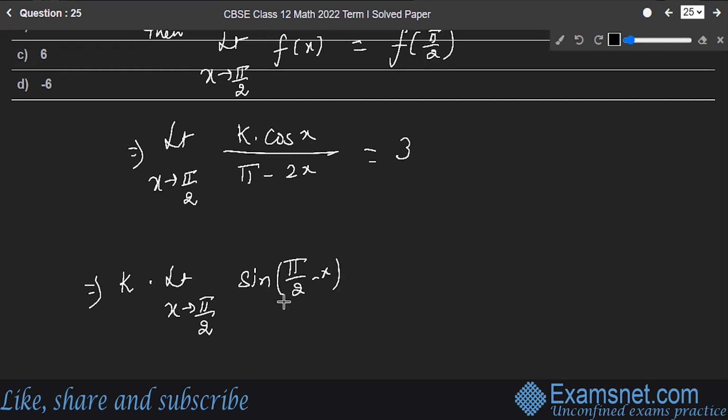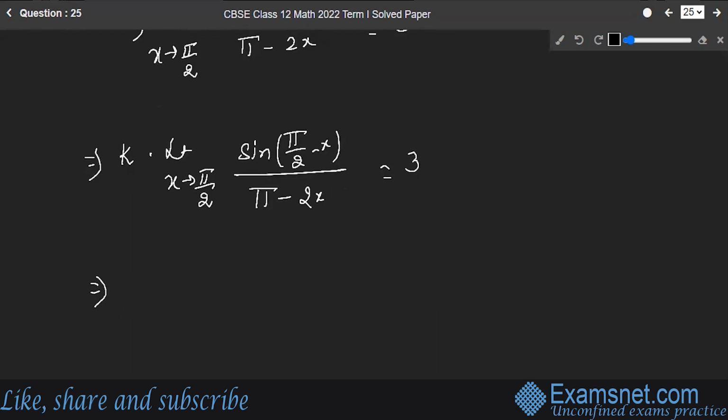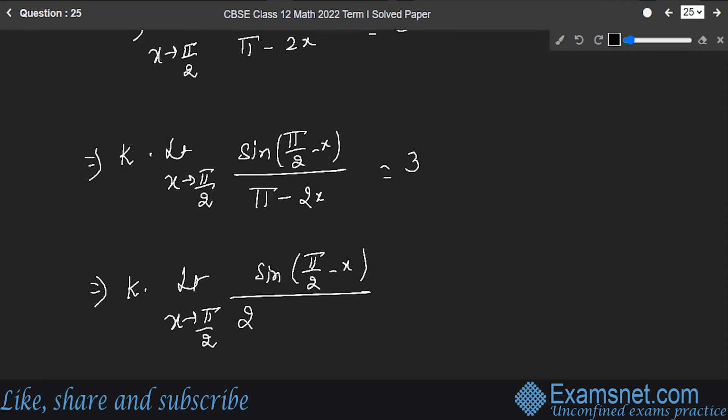Cos and sine both are positive over there. Divided by pi minus 2x is equal to 3. So here you have k into limit x approaching pi by 2 sine of pi by 2 minus x upon, I'll take the 2 outside, here will be pi by 2 minus x is equal to 3.